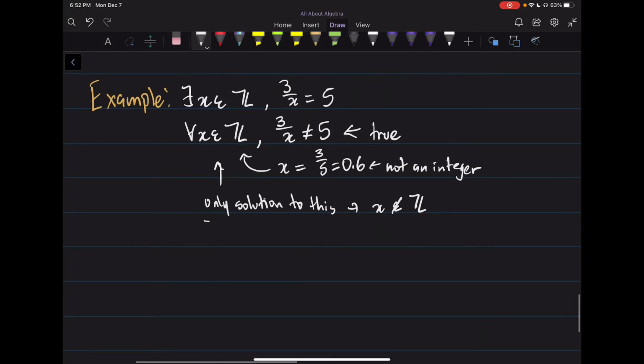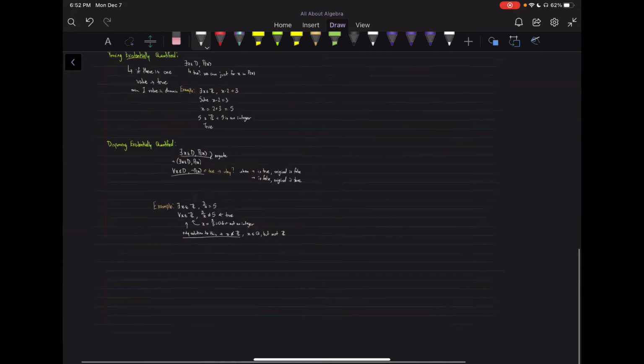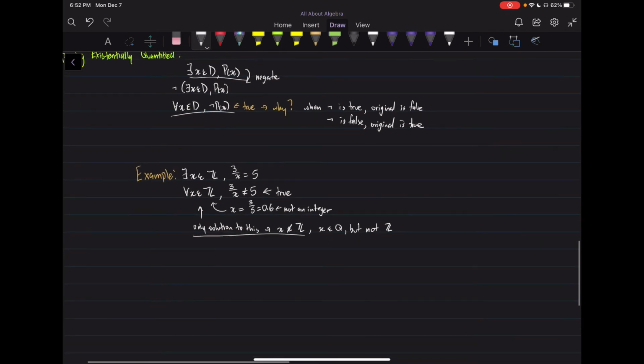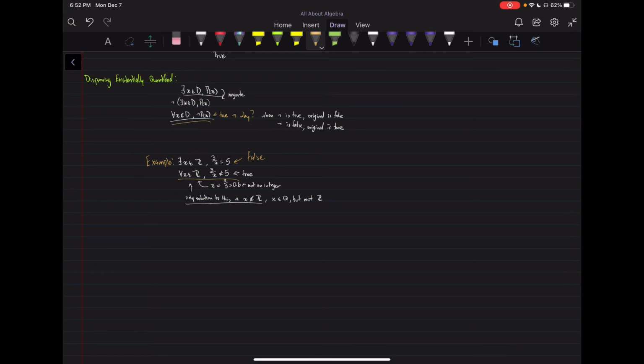So we've proven the negation to be true, which means that the original must be false. And there we go. That's our proof for that.